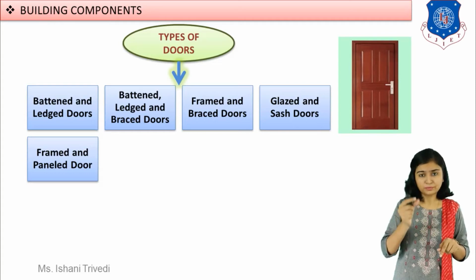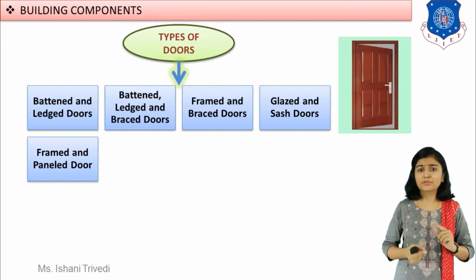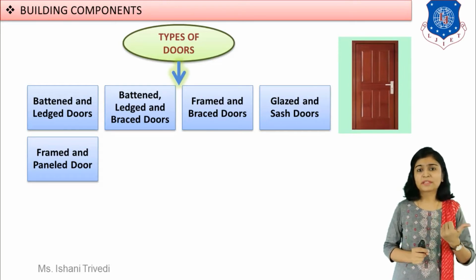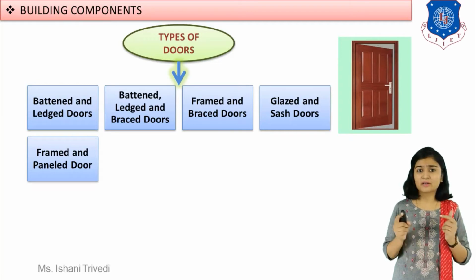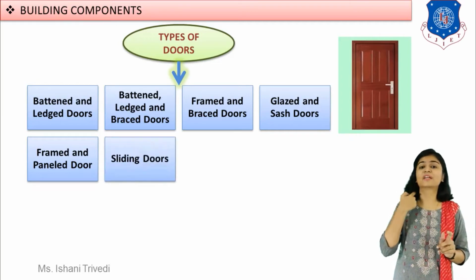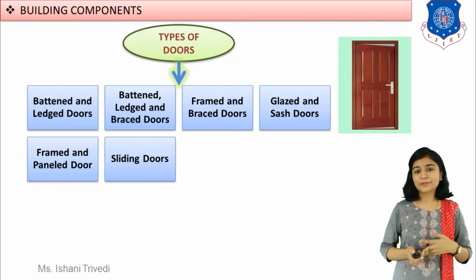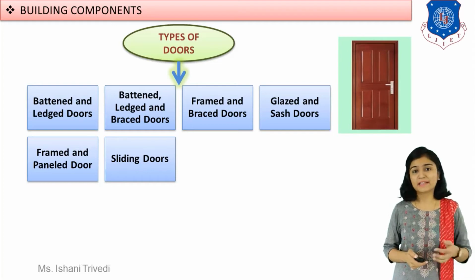So the framed and panel door, if you want to write this type of door in detail, then ultimately it will become the components of a typical door which we had studied. Both of them are same. Next, sliding doors. I think you should know what is a sliding door. I don't need to explain it, but we shall see how its mechanism works.